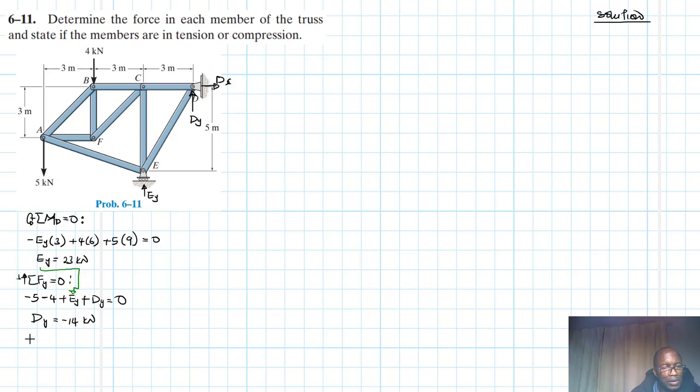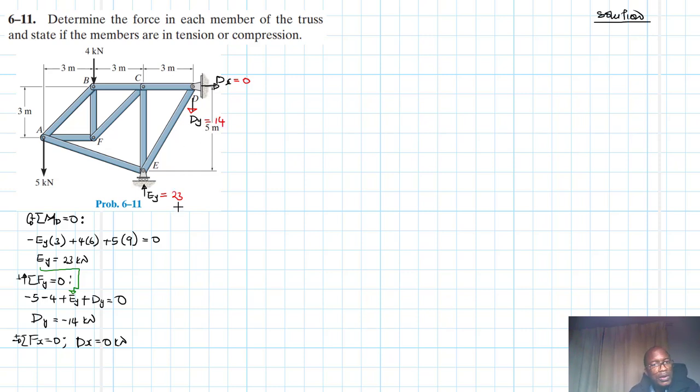kilonewtons. And then we have summation of forces in the x equal to 0. Dx is just going to be equal to 0 kilonewtons. So we have Dx equal to 0, Ay equal to 23, and Dy equal to minus 14, which just changes the direction there.